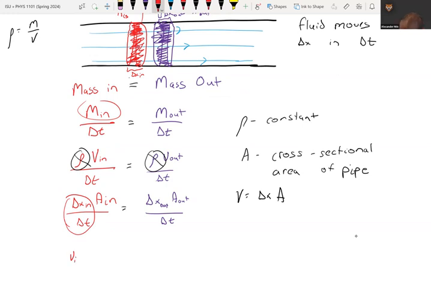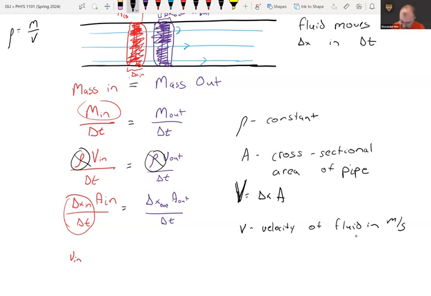So V in. Now, this is one case where it can be a little confusing. I'll try to make this a big V and then a lowercase v. This is the velocity of fluid in meters per second. Okay. So this is one way you can do this.